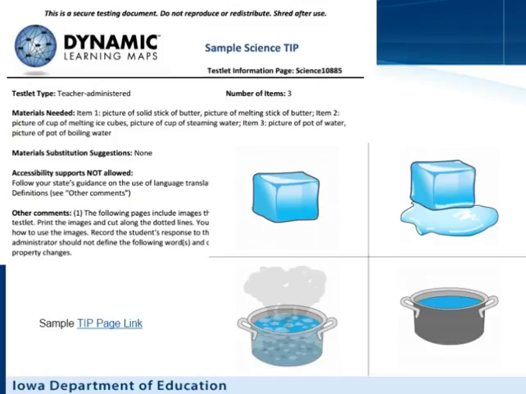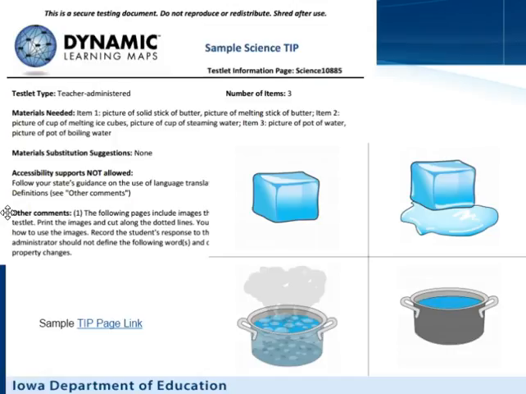You can see this happens to be a teacher administered format. It tells us what materials would be needed, for example, pictures you might need when appropriate or possible. It gives substitution suggestions for materials. It will inform you if there are accessibility supports not allowed, and just some general comments of what you might need.